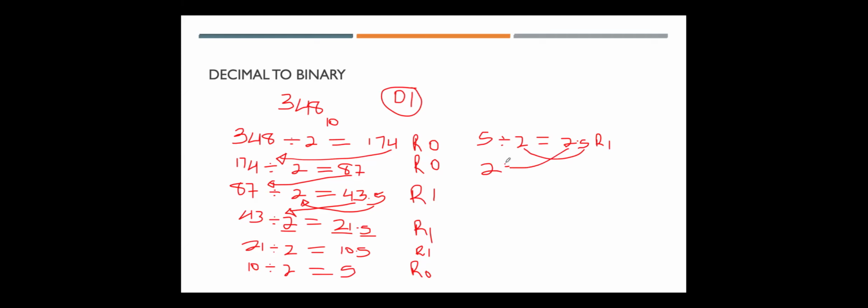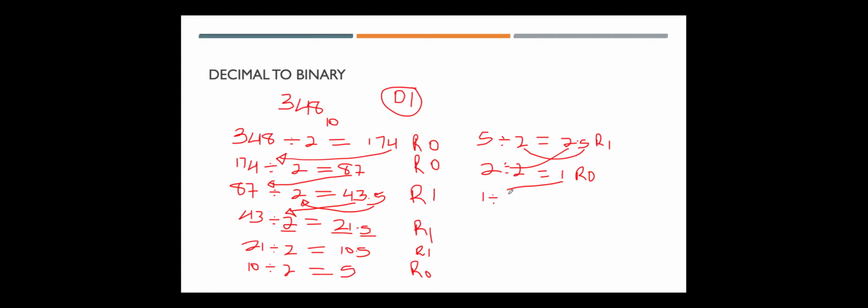Then we shall now proceed with the one we are moving now here. So 2 divided by 2, then it will obviously give us, when you say 2 divided by 2, you get what? 1, remainder what? 0. Okay. Then we pick this one, and say 1 divided by 2.